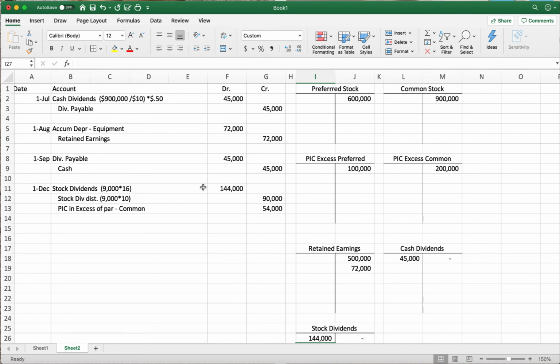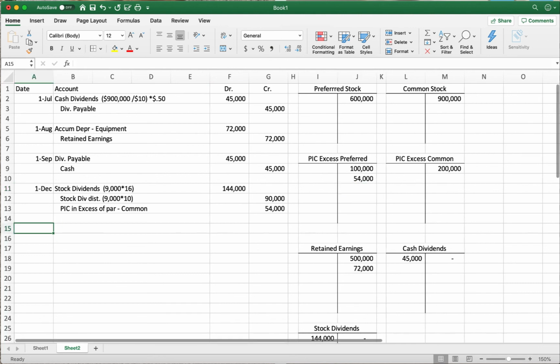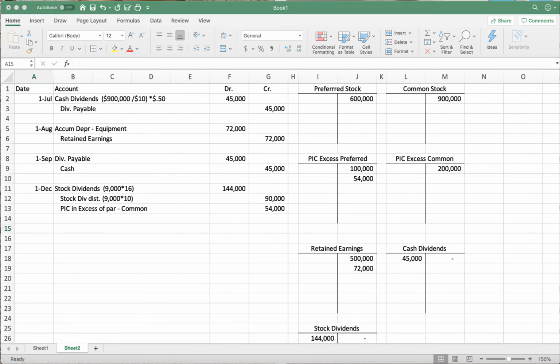I'm not hitting any of that. I'm only going to post the equity accounts, okay? The paid in capital in excess of par, I'm crediting that $54,000. I need to post that credit to the $54,000.